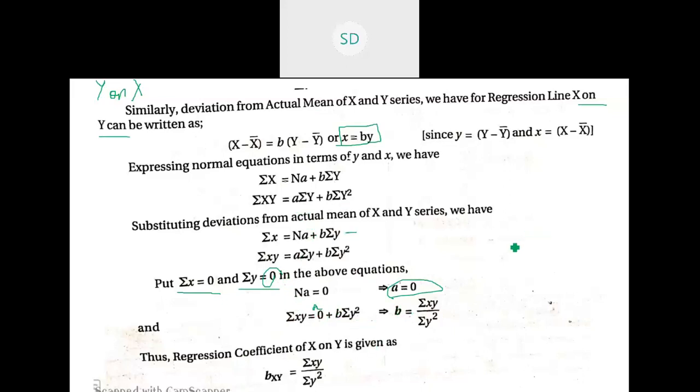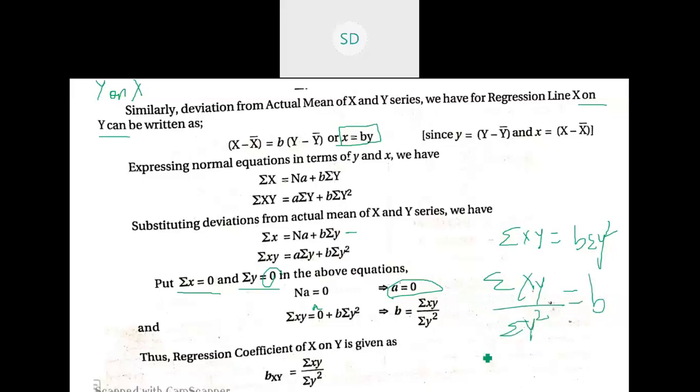So what will happen here is summation xy is equal to b summation y square. Now I am taking y square to the other side. So you'll have an expression of summation xy divided by summation y square, which is equal to b.